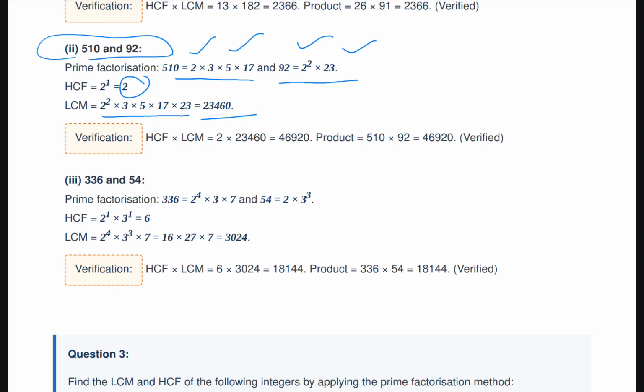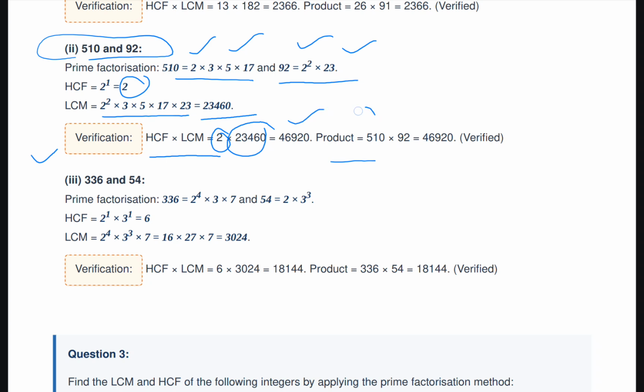After that you will do the verification. In verification, SCF into LCM will be equal to the product of these two numbers. SCF is 2 and LCM is 23,460. Multiplying these two numbers, you get 46,920.